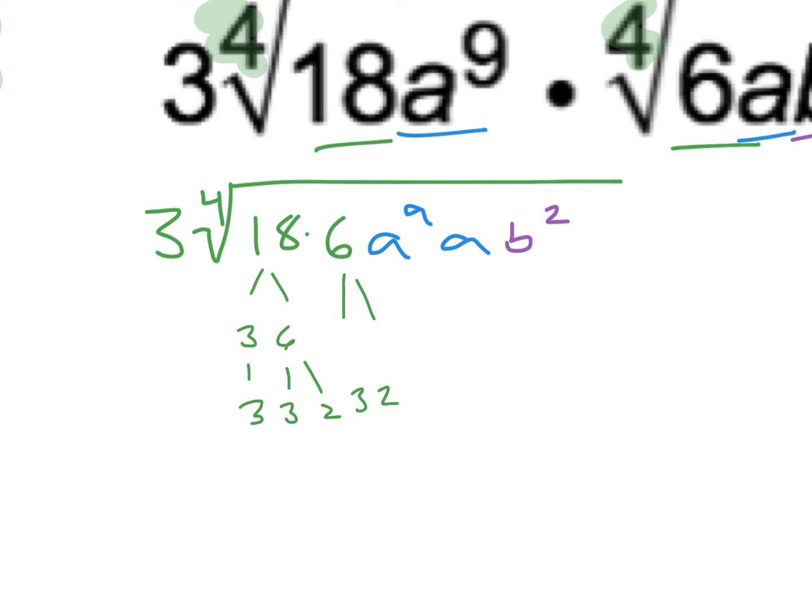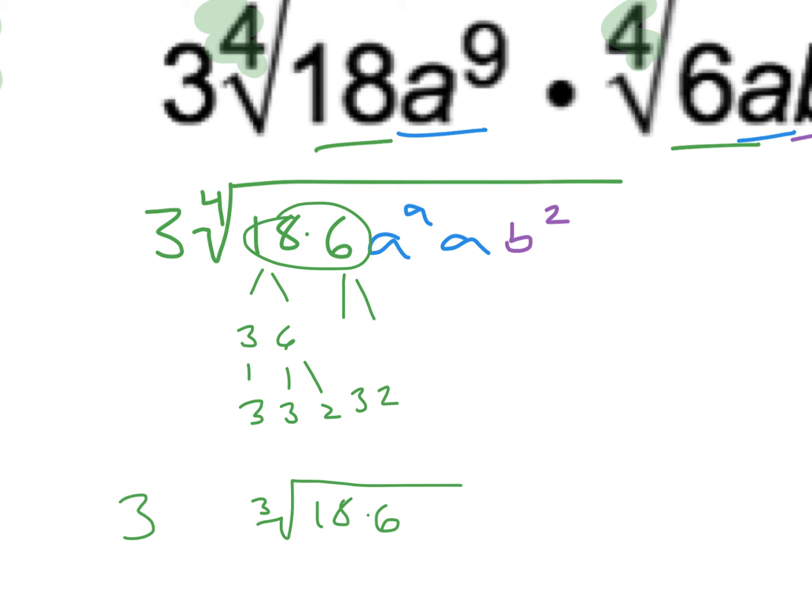Groups of 4, because my index is 4. Do I have a group of 4? No. So can anything come out with the numbers? Nope. So 18 and 6 are going to stay on the inside, and I have a 3 on the outside, because that was already on the outside.